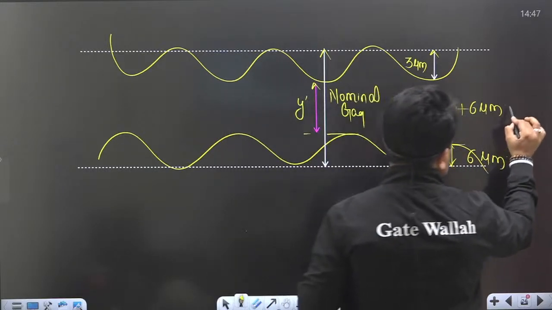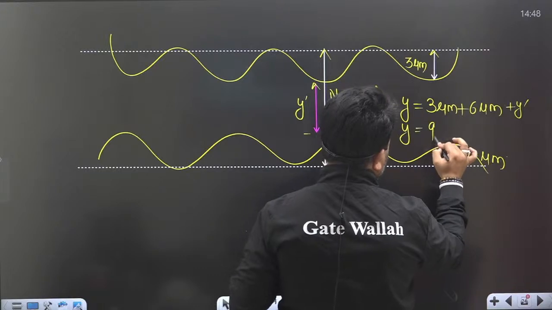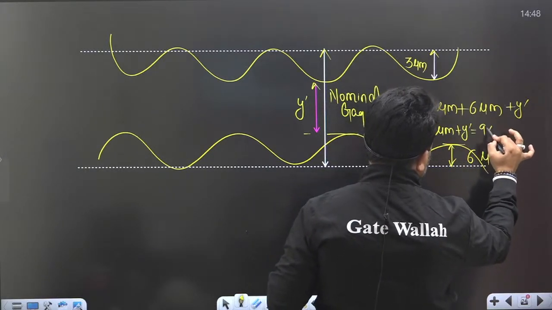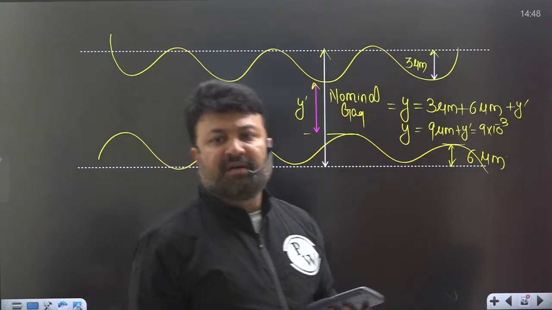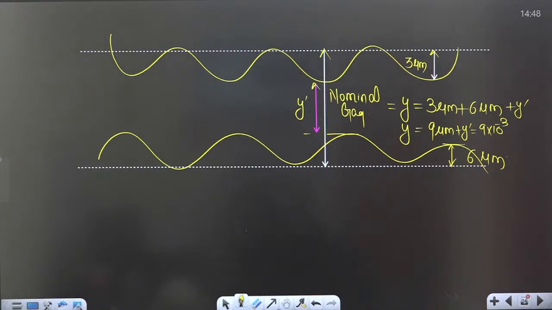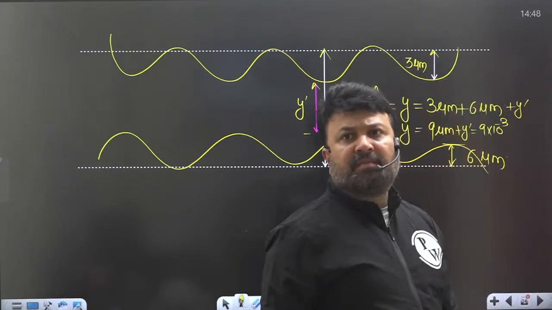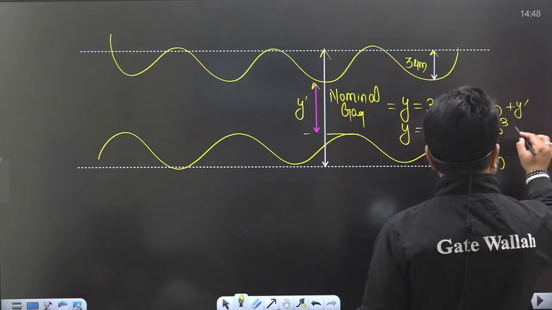Let's say y dash. So y is 9 micrometer plus y dash, that is 9 into 10 to the power minus 3 mm plus y dash.